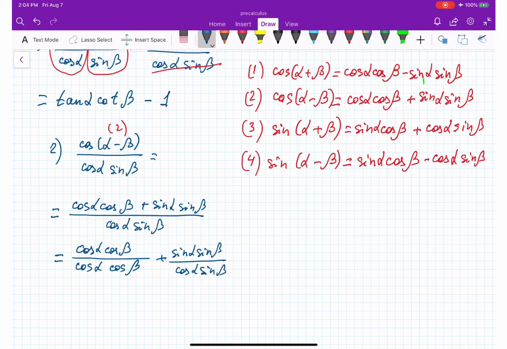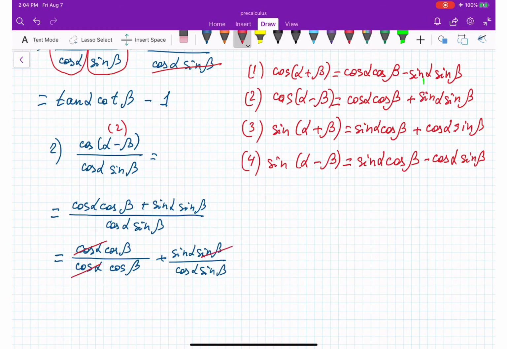All right, so what we are getting here: cosine alpha, this is gone.